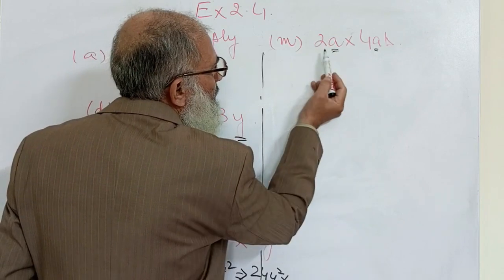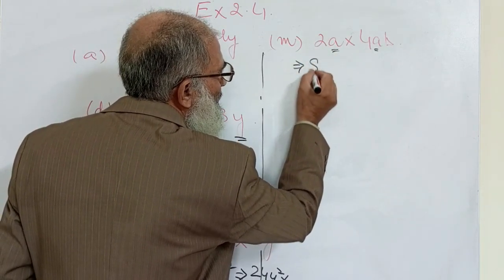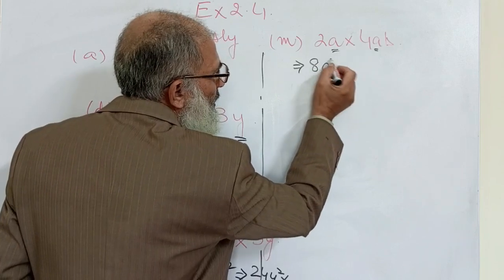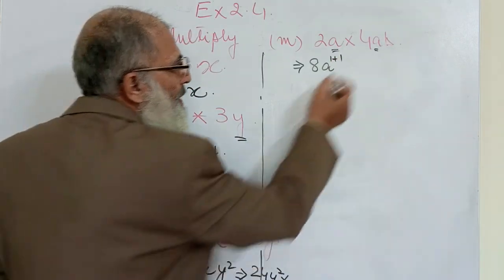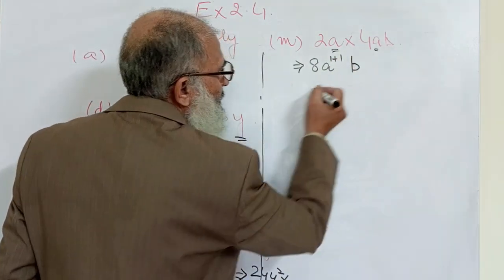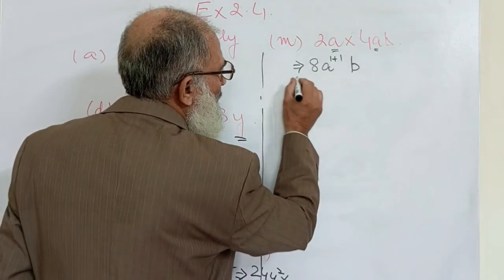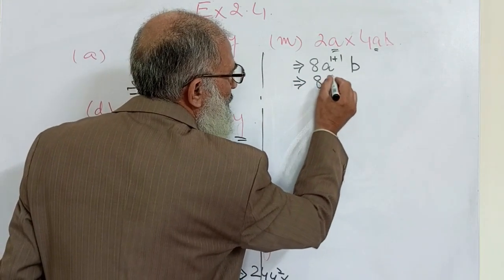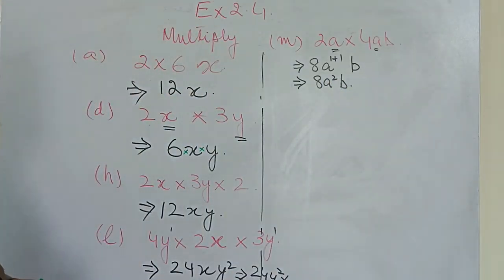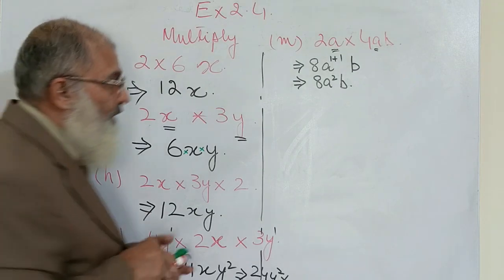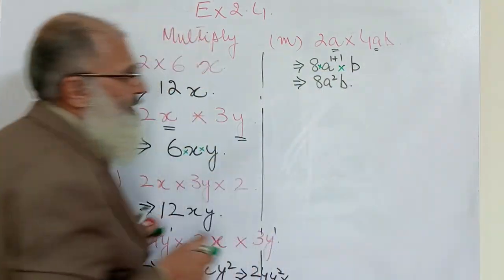So what we do, we just multiply this 2 with this 4. Now this will become 8a. Now if I go in detail, it will become like this, and b all alone. Now this is being multiplied with this. Don't forget that it is multiplication. So the total answer will be this, because this is multiplied by this, multiplied by this.